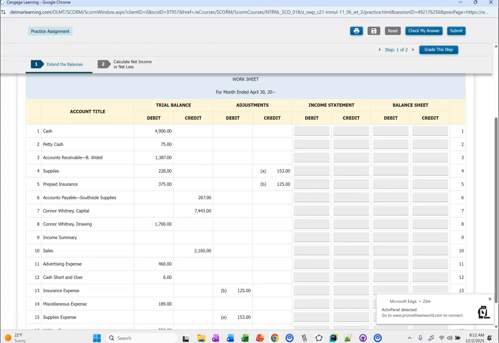So let's start with the income statement columns.